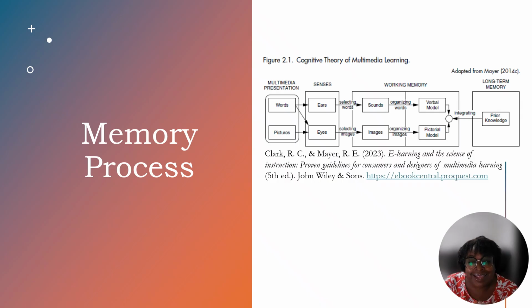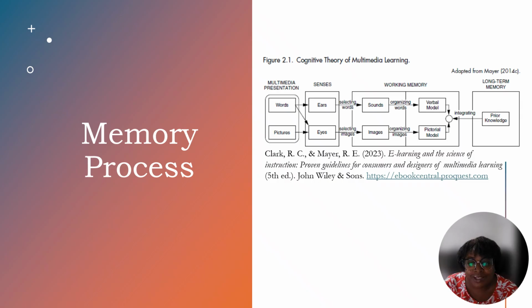If we're selecting the words, it goes into the working memory. And it's important that what our students are viewing goes past the senses into the working memory, because that means that they are paying attention to what they're viewing in that presentation. So once it's gotten into the working memory, it is processed as sound.